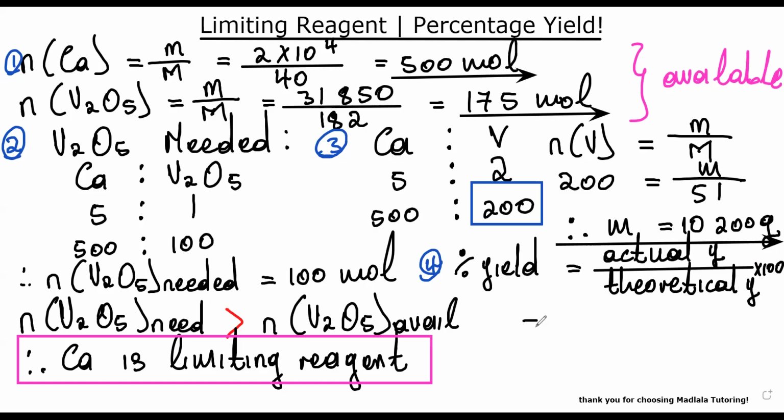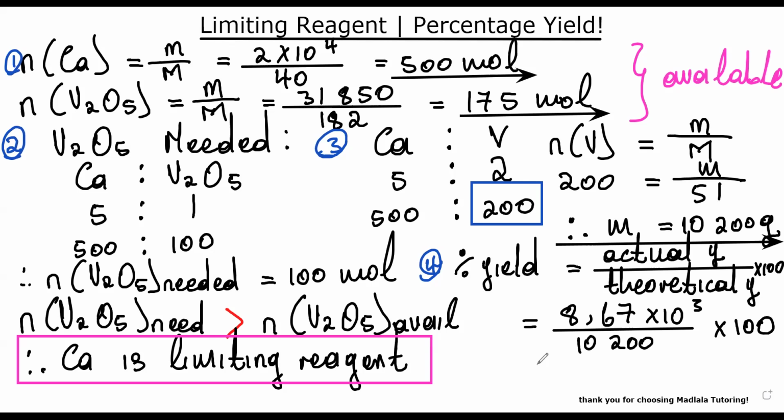Okay, fine. So now we say, what we actually obtained is 8.67 times 10 to the power 3. And this is divided by 10,200.